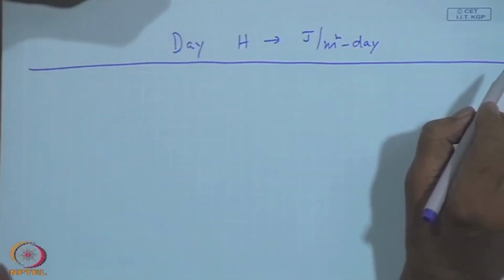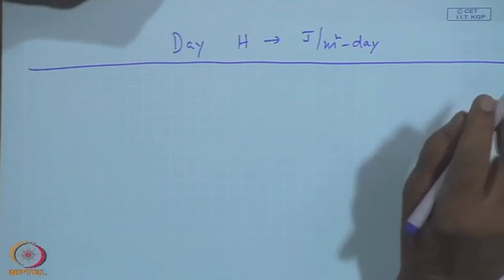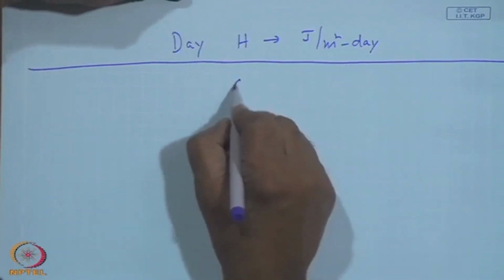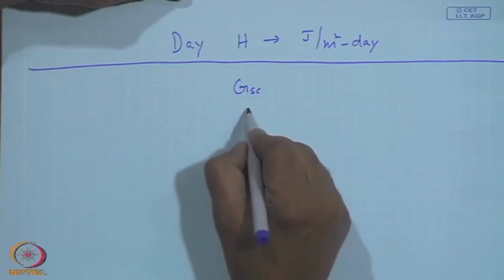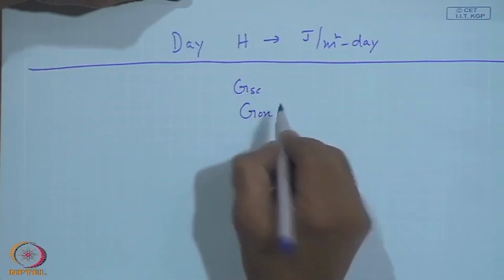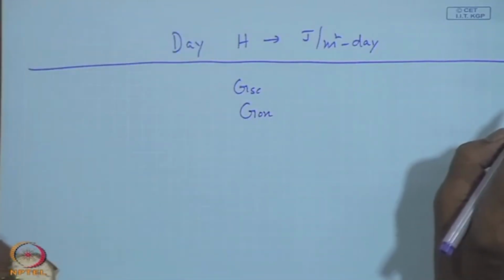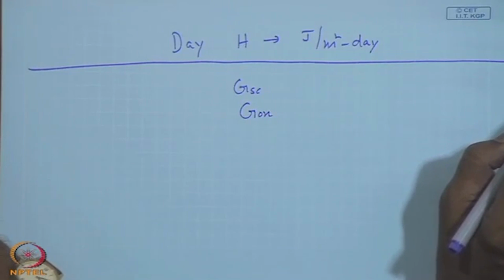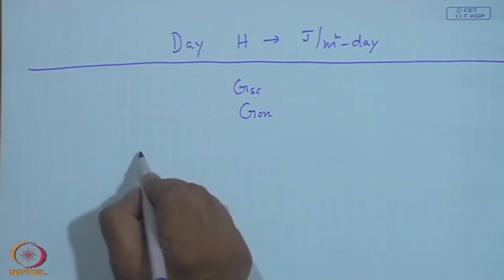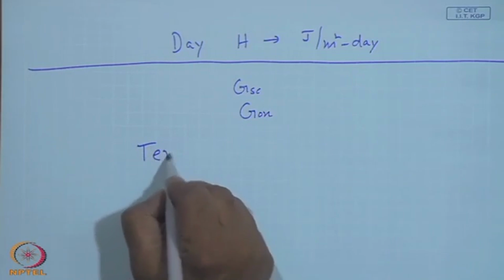Now, we have considered the extraterrestrial radiation by first defining the solar constant, and then on a normal surface, which takes into account the distance variation between the sun and the earth. Now, we try to come down to earth and call it terrestrial radiation.